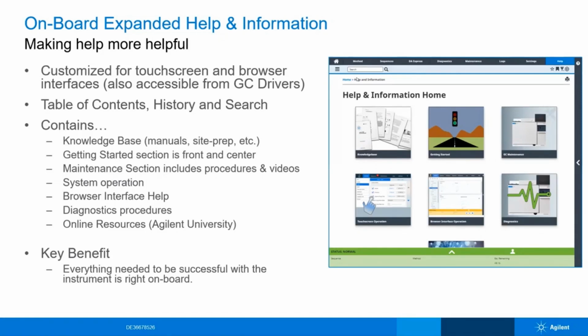You're able to then go through inside of the browser with no software and navigate here and perform basic runs and tasks, as well as downloading a lot of this information directly to your PC, as well as downloading the log, which can be very helpful if you're troubleshooting a more complex issue, and it will allow you to download and send it to Agilent technical support if you need it. So some really great features here and a really feature-rich set of information that we recommend every customer take a look at on their 8890 or Intuvo or 8860 system.